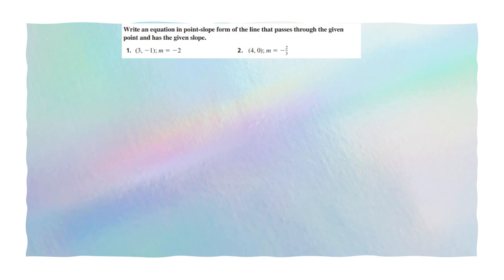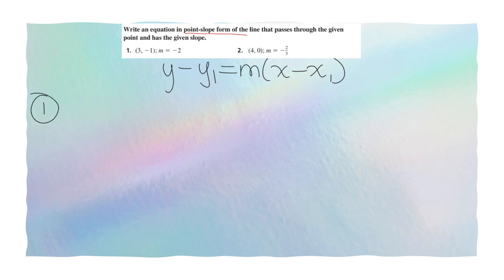We always need to make sure that we read the what? The directions. Here they're telling us write an equation in point slope form. Again, what is our target? And what is the form? Equals m times x1. Correct. In number 1, what would it be?